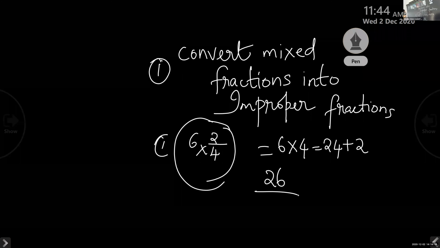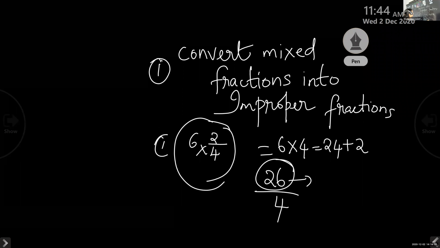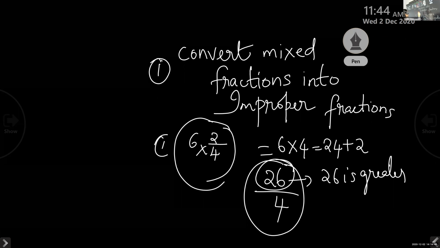What is the denominator here? 4. Why the confusion? We are not changing the denominator, only the numerator, because we are making it improper. So 26 is greater. What is this fraction, Gautam, proper or improper? Improper.